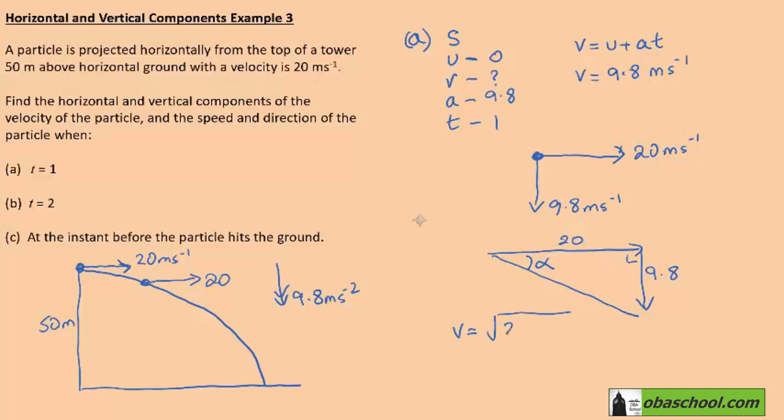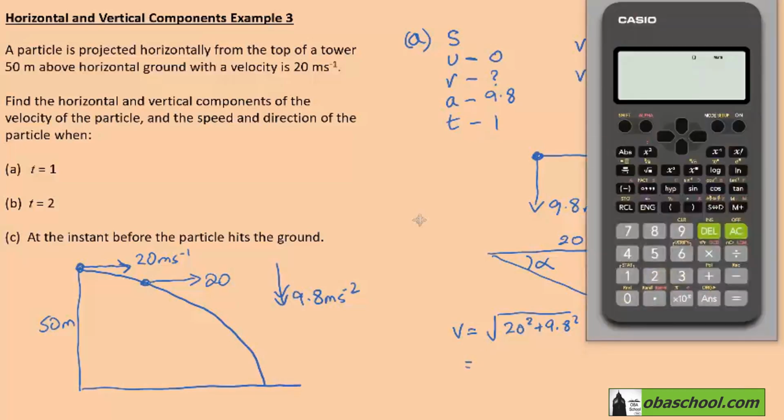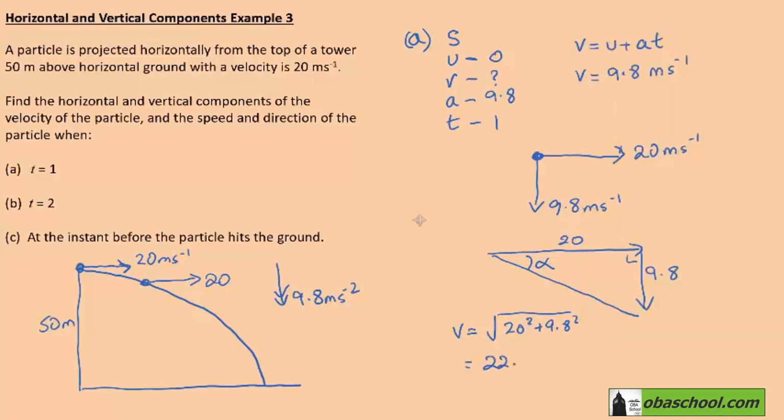So that's the square root of 20 squared plus 9.8 squared, which is 22.27, giving that to 2 decimal places, and the angle alpha will be the inverse tangent of 9.8 divided by 20.